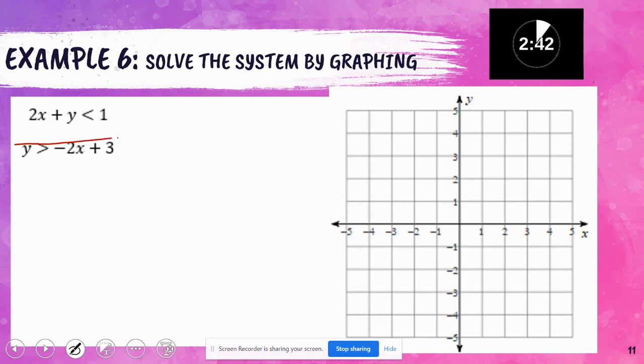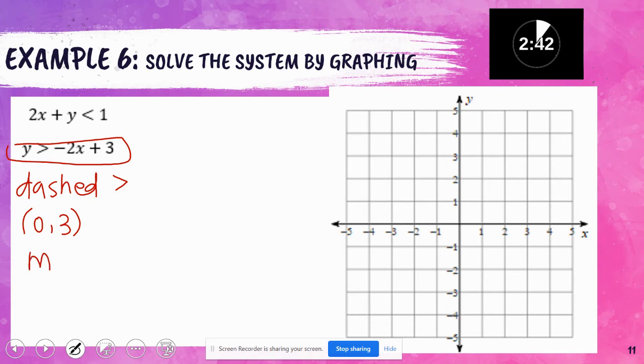So for this second equation, I'm going to do this one in red now. We know that we have a dashed line because of the greater than symbol. We know that our y-intercept is at (0, 3), and we know that our slope is negative 2 over 1.